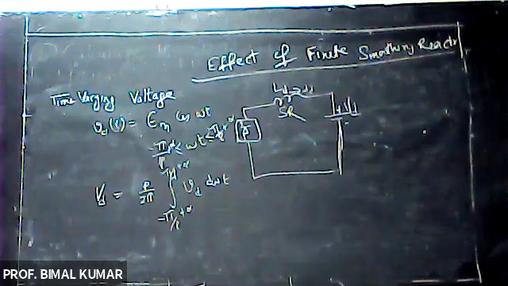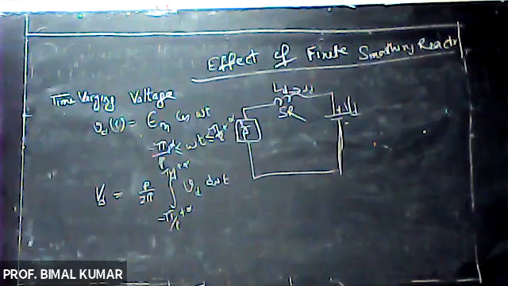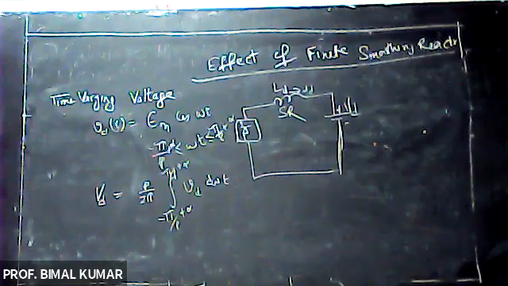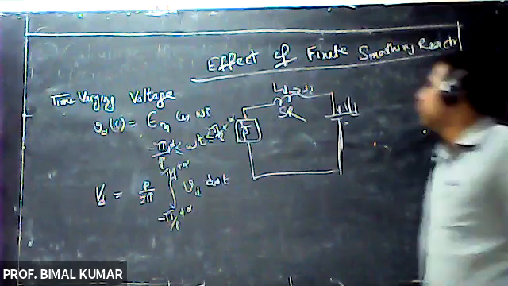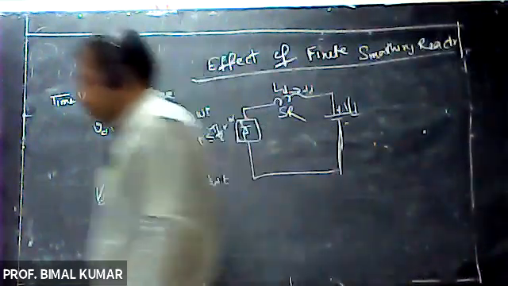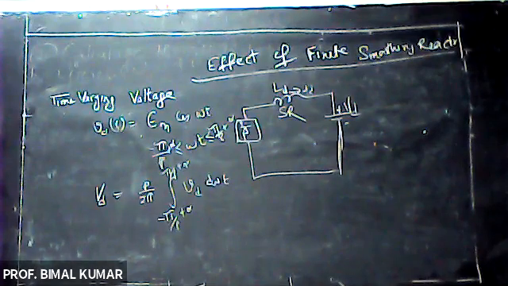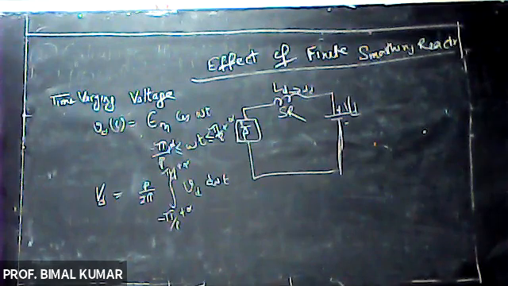In simple words, the smoothing reactor is used for removing the ripple, or to smoothen the output of the bridges.